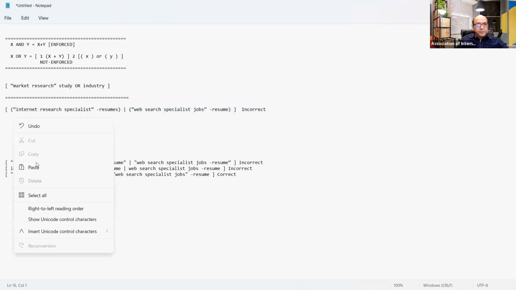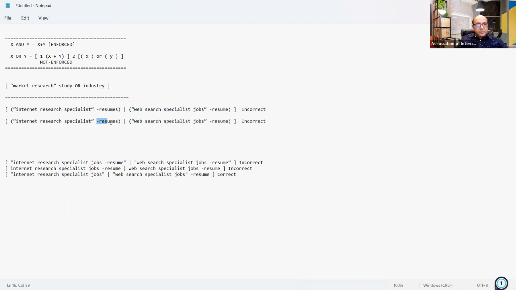So what is the correct way? Whenever you have to eliminate something from the choice of search terms with the OR in between, you should put what needs to be taken out towards the end of the query, as if these two are sorted out first, and whatever the outcome is, you want that outcome to not include the word resume.